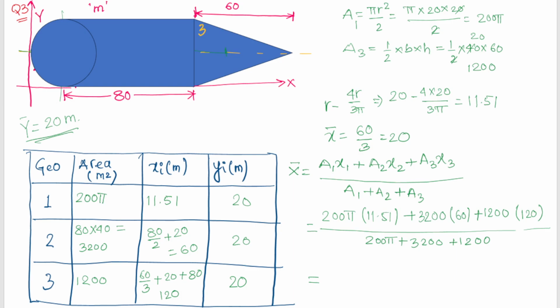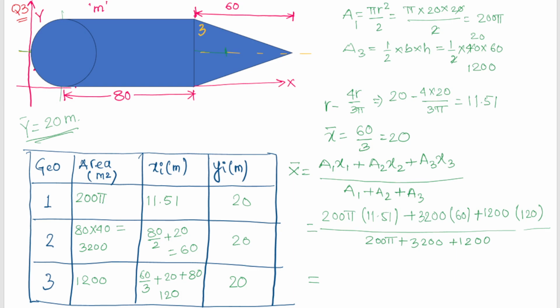So 200 pi into 11.51, plus 3200 into 60, and then plus 1200 into 120.